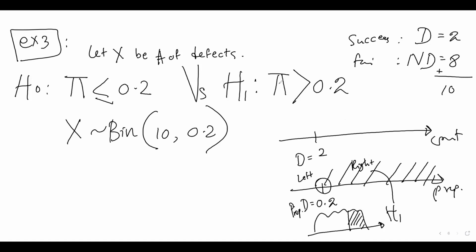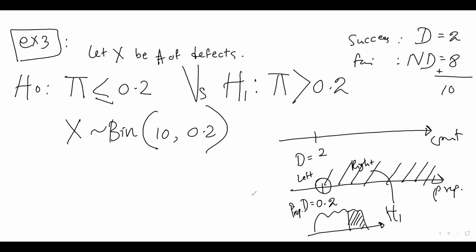Actually, you don't have to do this. The shorthand method is: look at this sign. If it is greater, go to the right side. If it is not, go to the left side. This is the idea of why we go to the alternative side. This is the meaning of forming the decision rule. You never go wrong if you understand this.